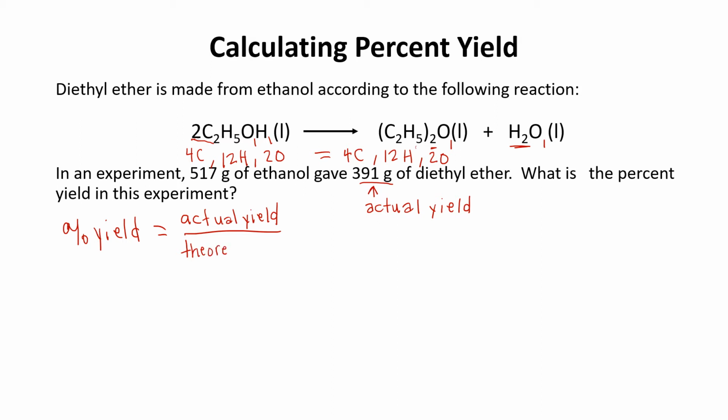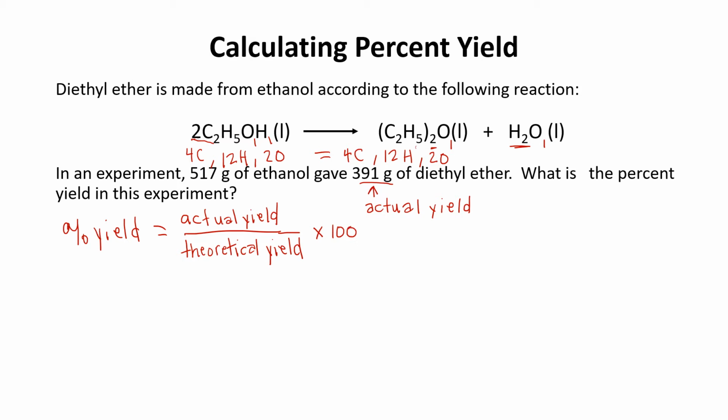That's the calculation we can do before we even start the reaction. In fact, the theoretical yield is the maximum amount of product that we can make. And so that ratio between actual yield and theoretical yield times 100 gives us percent yield.